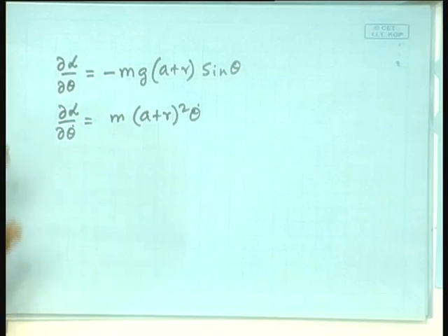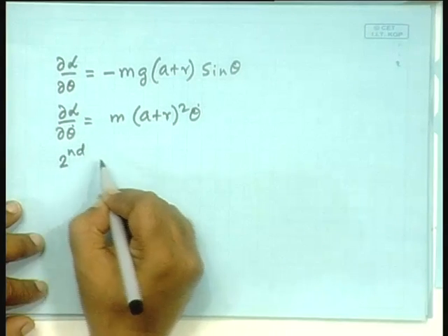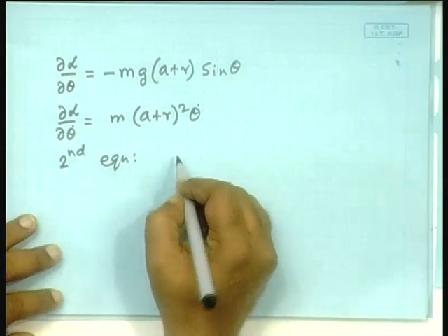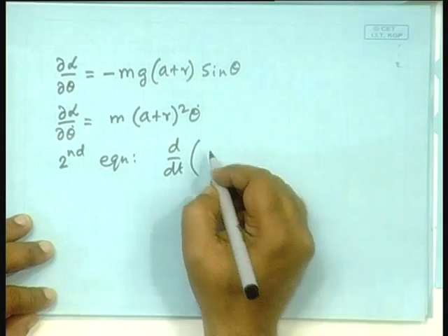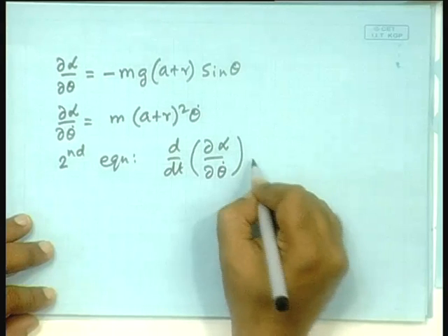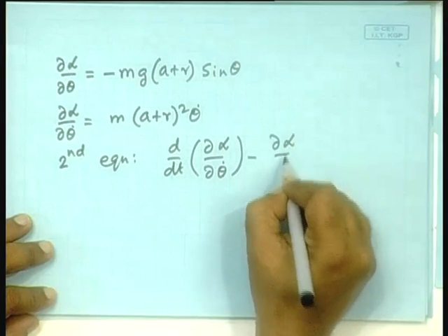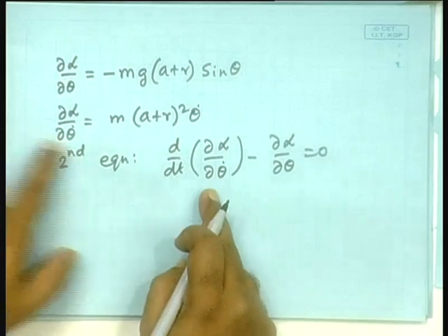So, now we have to write the second equation, will be d dt of dou Lagrangian dou theta dot minus dou Lagrangian dou theta equal to 0. Now, this has to be differentiated.